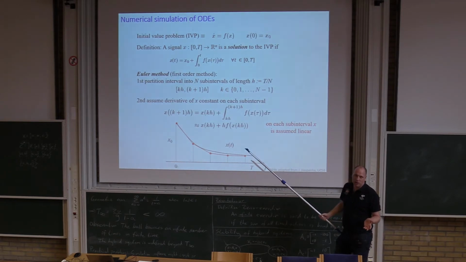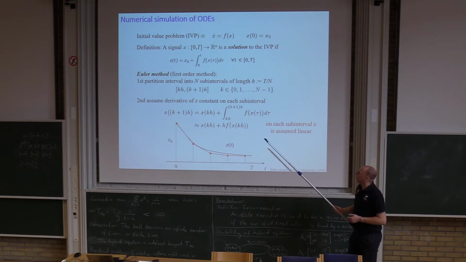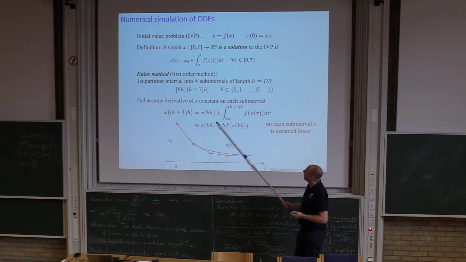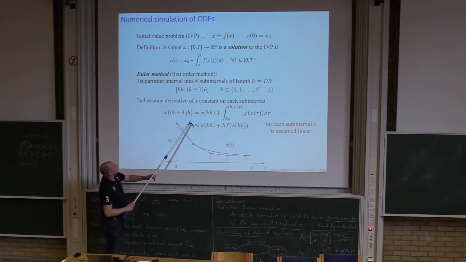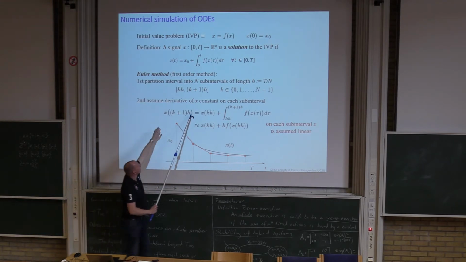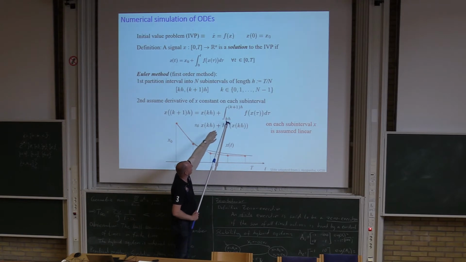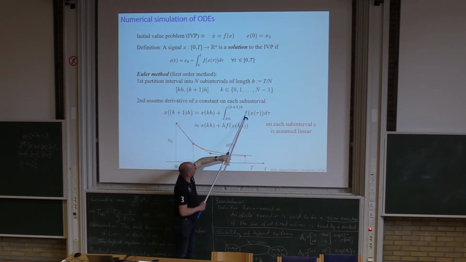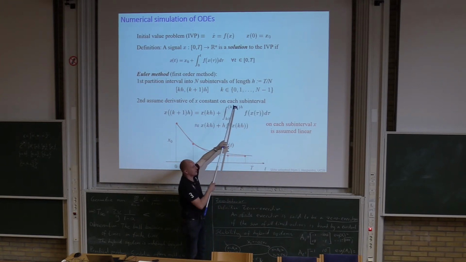And a very straightforward method that you learned also in the first control course is the Euler method. So basically you will approximate to say that when you calculate the next value after some subinterval here is equal to the old value plus the integral of the function, and then you assume that it will be constant throughout this interval that you integrate over.